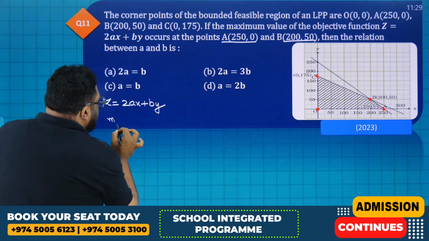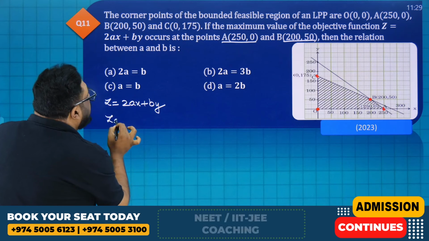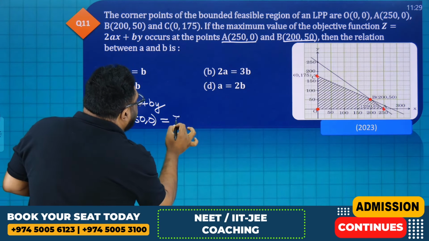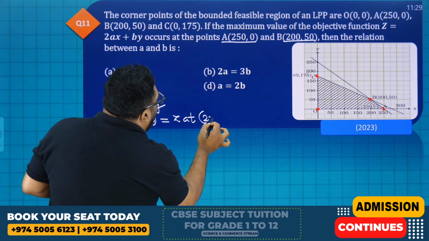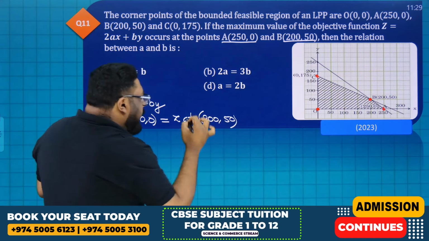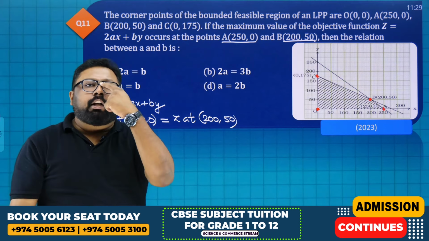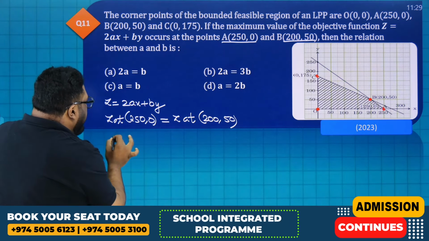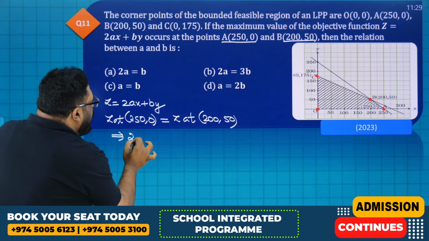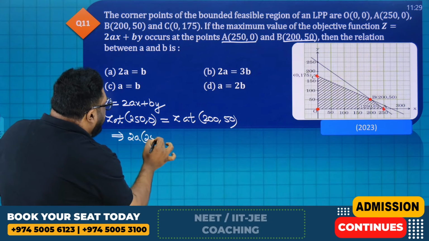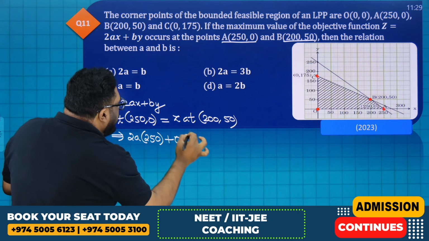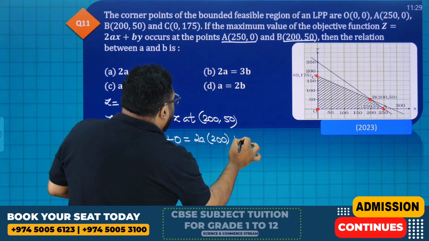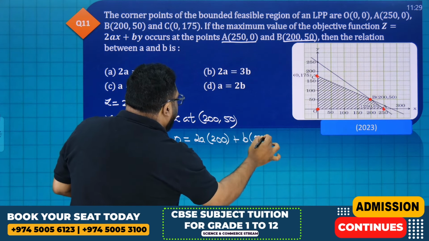That means Z at 250, 0 will be same as Z at 200, 50. Otherwise, 2 points cannot give you the same value for Z, right? So, substitute X and Y here. That implies 2A into 250 plus 0 equals 2A into 200 plus B into 50.